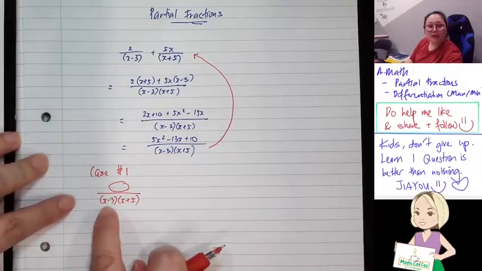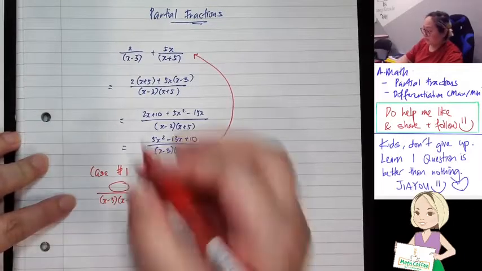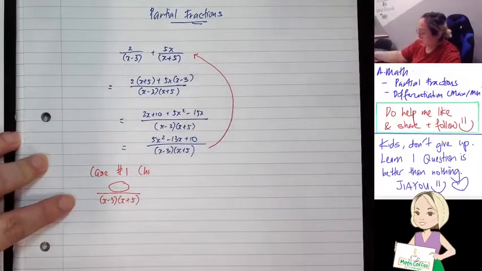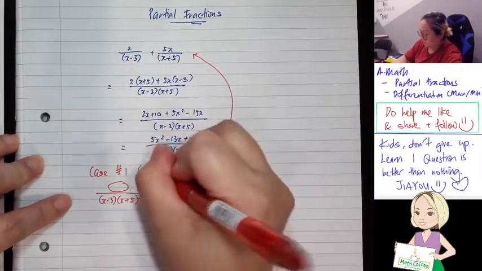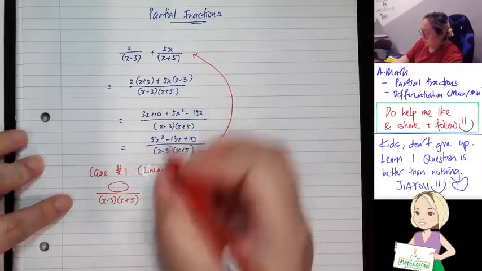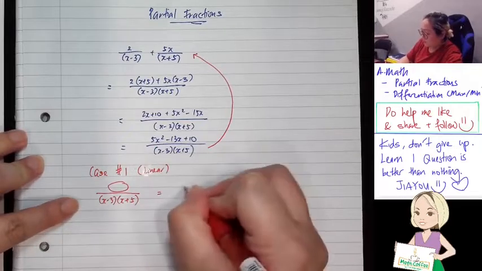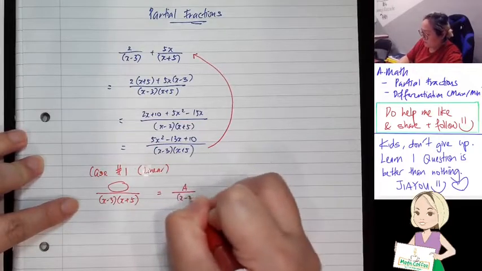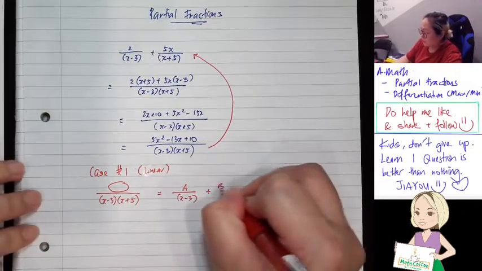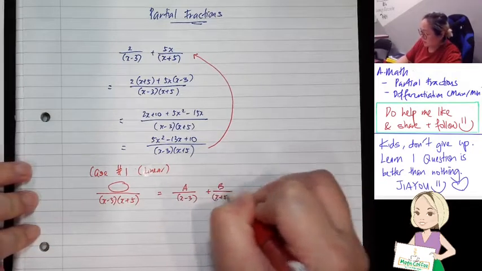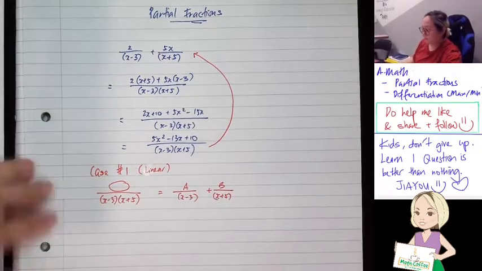The first bracket, this is linear. Case 1 is linear. So x minus 3 will give birth to A over x minus 3. x plus 5 is also linear, so it will also give birth to B over x plus 5.